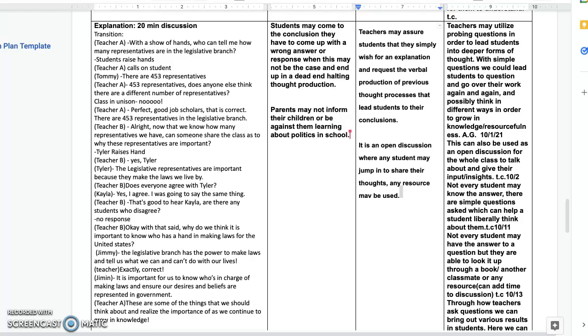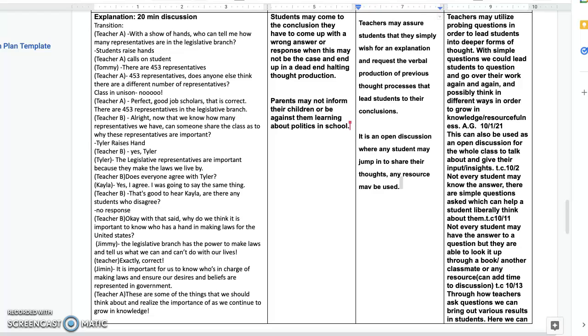And again, for those barriers, another solution is that not every single student is required to answer the questions. Since it is an open discussion, any student can jump in and share at any time.